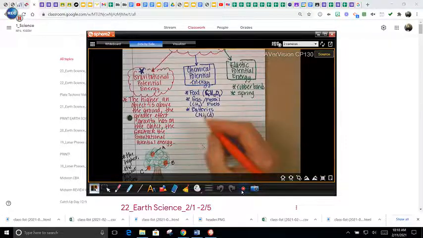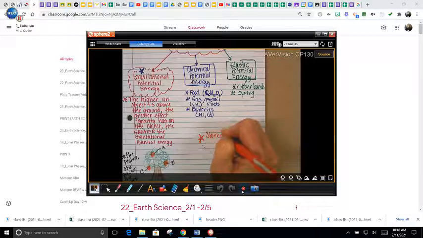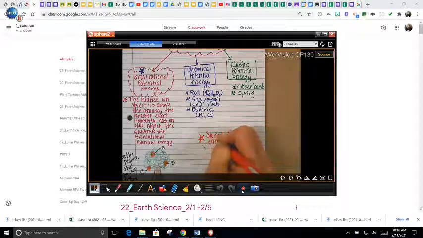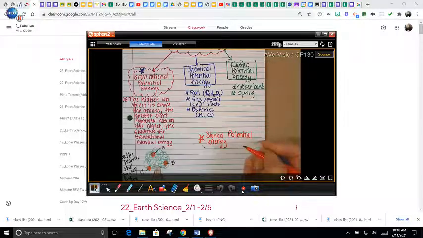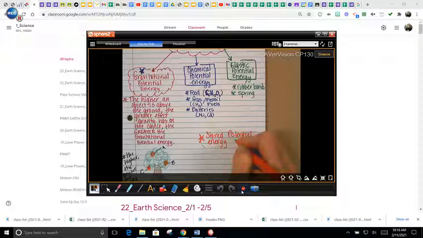So the kicker is that stored potential energy can be transformed into energy of motion, or kinetic energy.